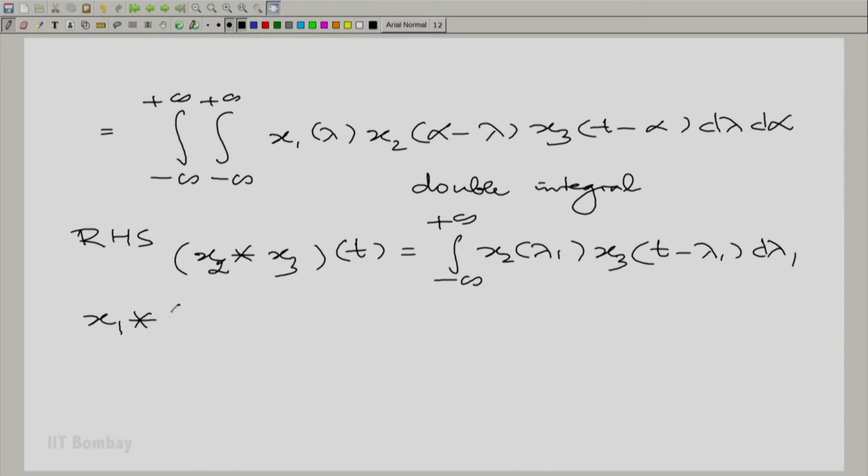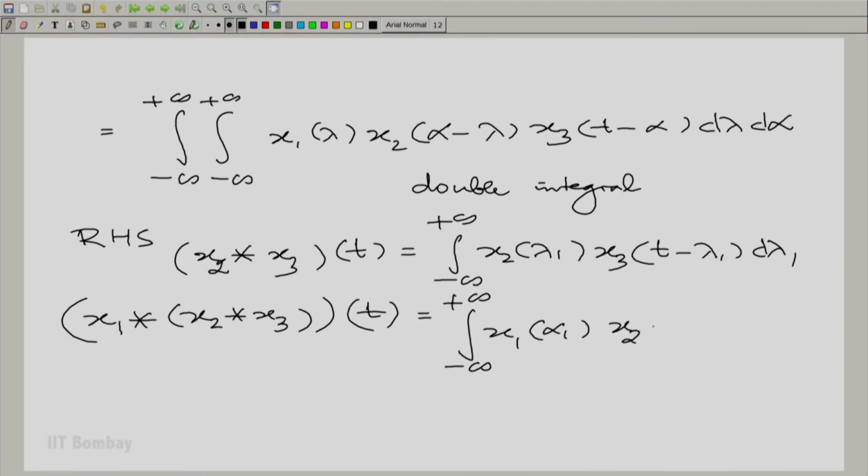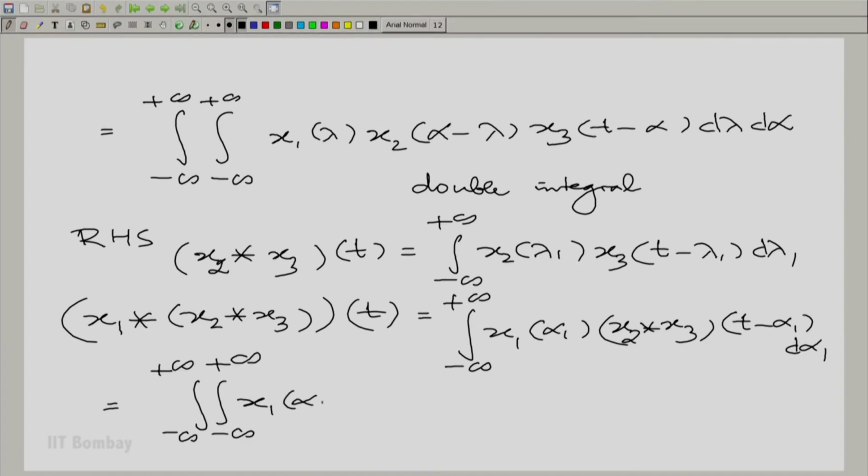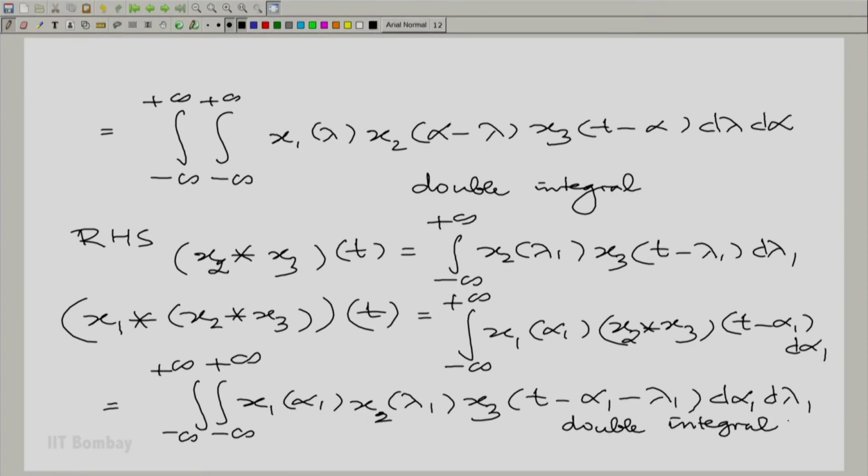Then x1 convolved with x2 convolved with x3, first evaluated at t, is x1 of alpha 1, x2 convolved with x3 evaluated at t minus alpha 1, integrated with respect to alpha 1 from minus to plus infinity. And that can be rewritten as a double integral again.